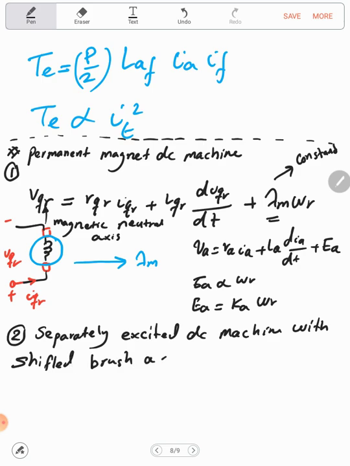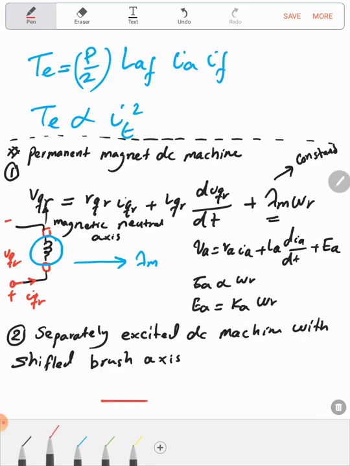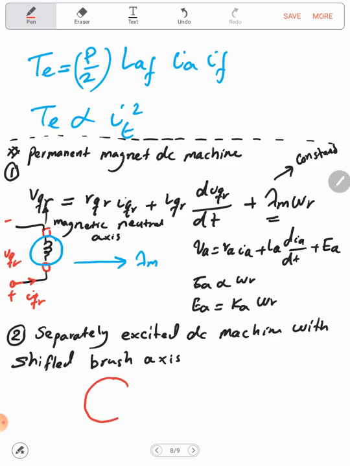Let's assume that this is the rotor, and this is the magnetic neutral axis.